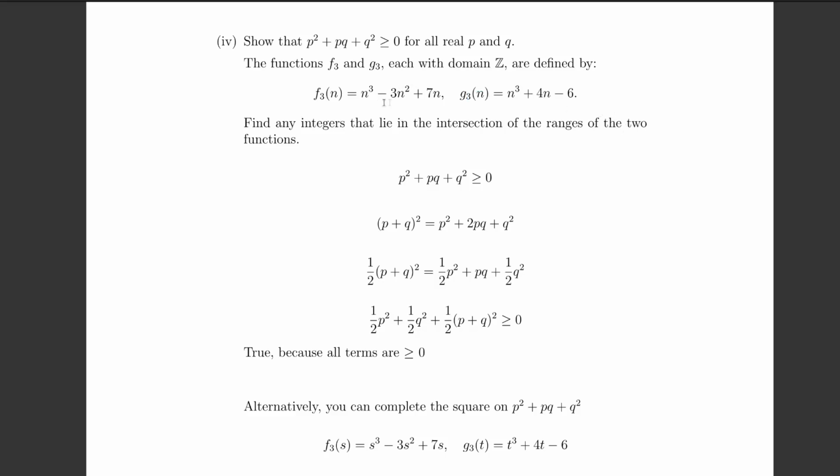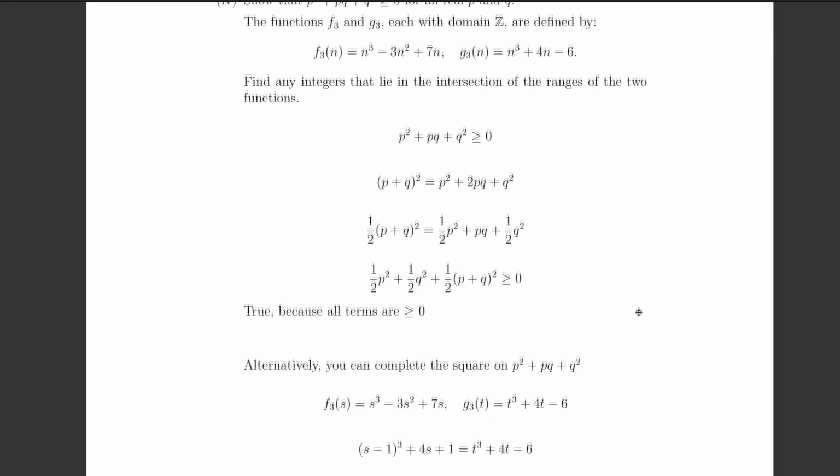So we need to somehow get rid of this squared term in the f3 function, but somehow keep the cube term, so we can continue doing the difference of two cubes. And yeah, it's sort of hard to motivate, but I think it just comes with practice.